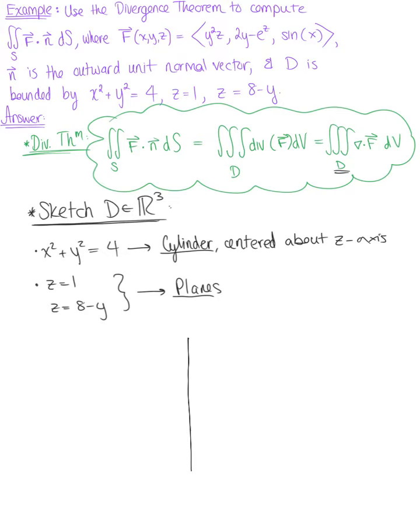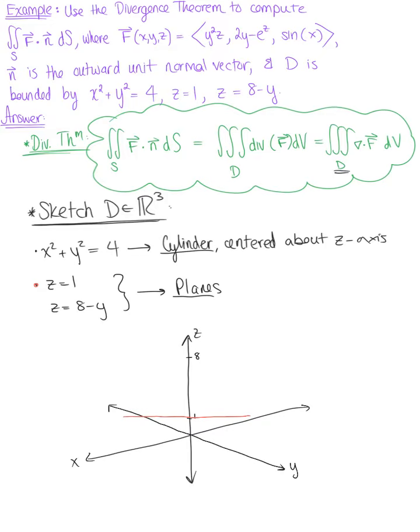Both of these are planes in R3. As we start to go through the sketch, what I think can make sketching in 3 dimensions easier is to start by thinking about each of these surfaces in 2 dimensions. Marking some important points on the z-axis, we want to indicate where z is equal to 1 and where z is equal to 8. We have a plane at z equals 1, so for now we'll simply draw a straight line there.